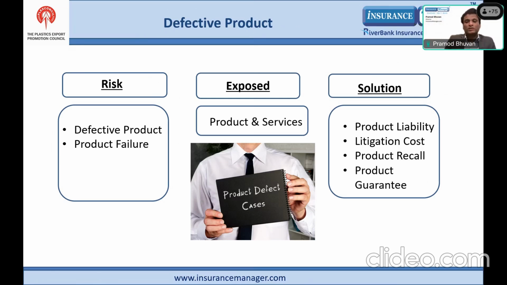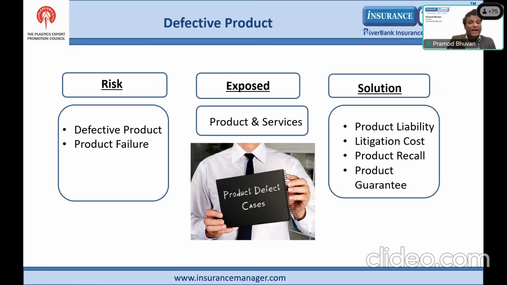And of course, the solution available is product liability, which covers you for bodily injury and property damage. But we have also taken it to the next level and given covers like product recall. Sometimes if there is a defect in a particular batch or product, the entire lot can be rejected, and your future lots can be rejected. So recall works in this case if your primary cover is available. That means if your primary cover is triggered and your policy is paying the claim, then recall cover is also covered.